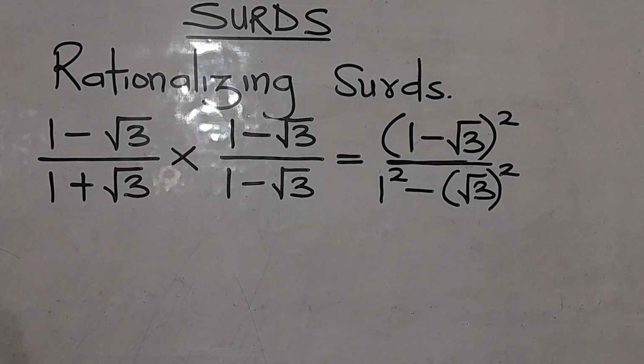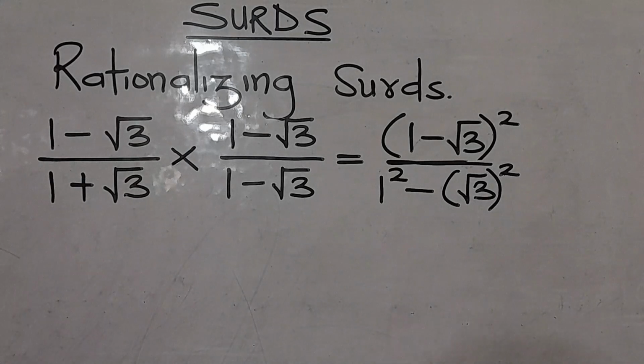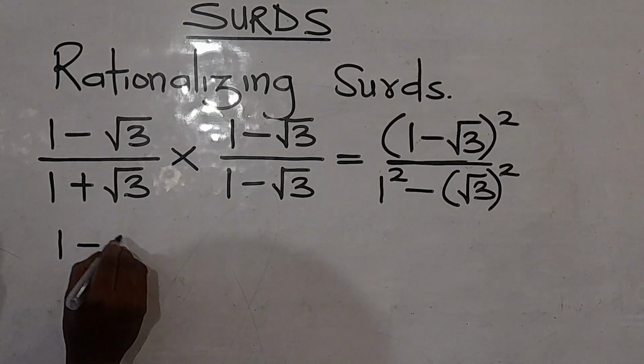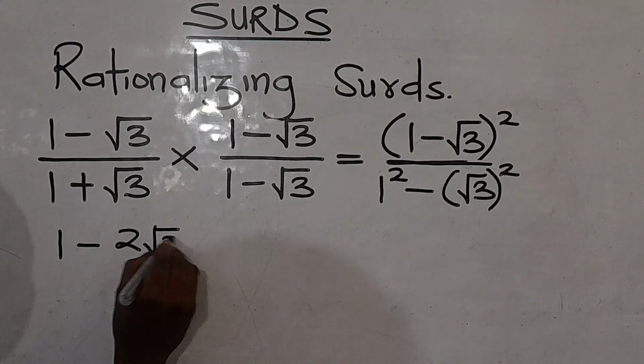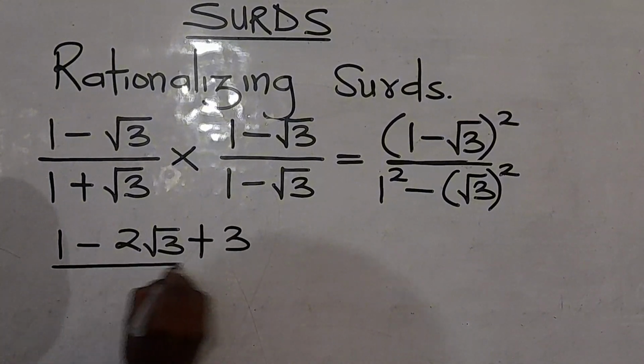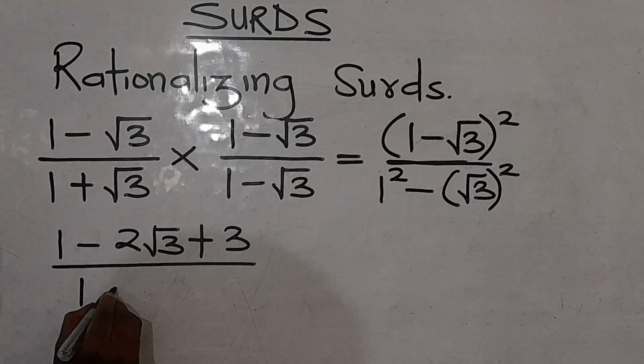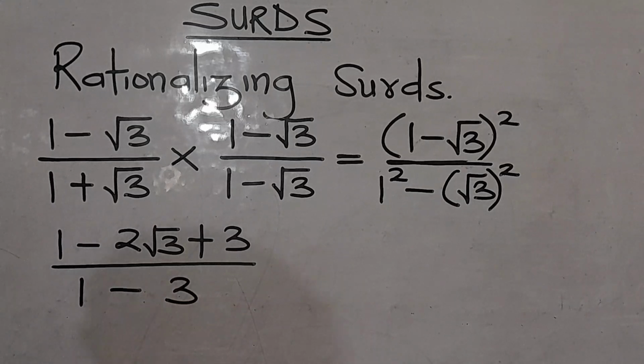The next thing you do, you expand the numerator here. In expanding the numerator, you have 1 minus 2 root 3 plus 3 over the denominator. You have 1 minus 3.